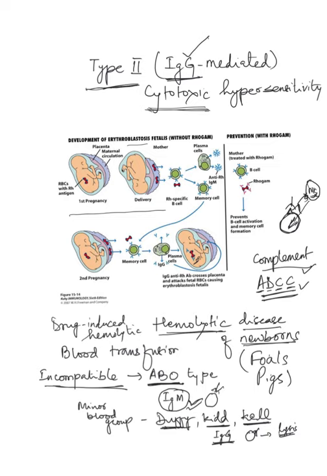Because when they are about to inject that particular antibiotic, they should know whether that individual is allergic to it or not, because certain antibiotics can go and bind with the RBC proteins and cause these reactions, again causing lysis of the RBCs, leading to anemia and also leading to hemoglobinuria. So this is type 2 hypersensitivity.